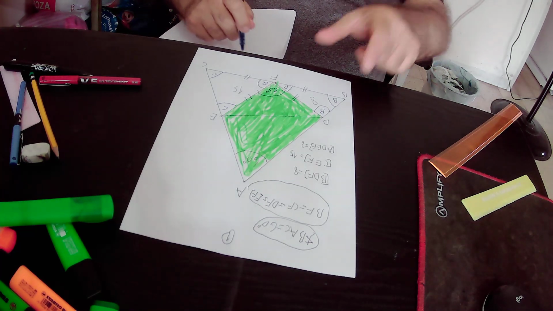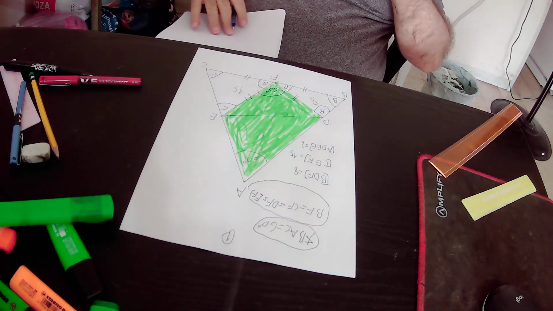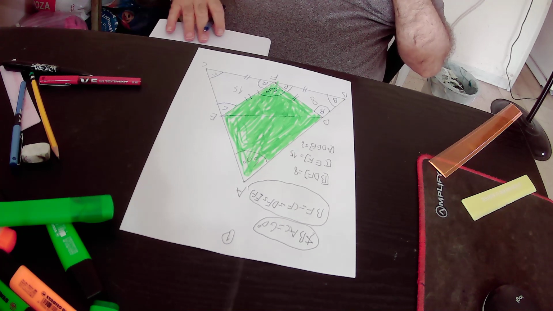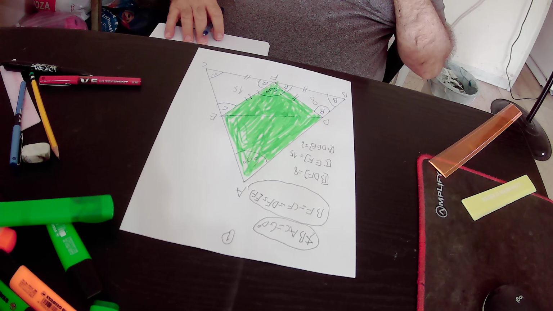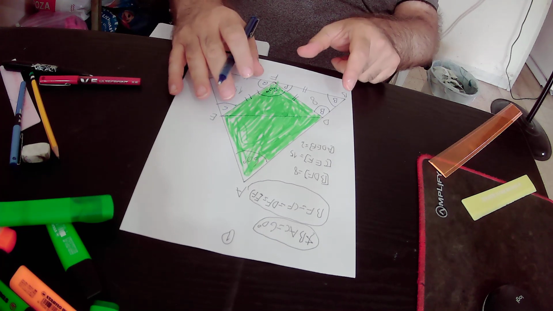Okay, we know that DF equals EF. So according to rule number 2, in front of equal sides there are equal angles.